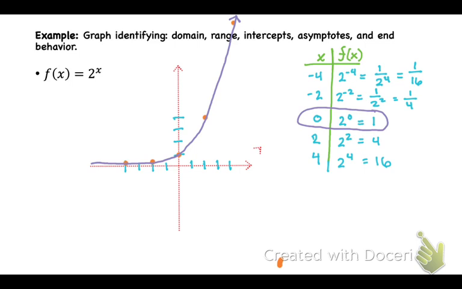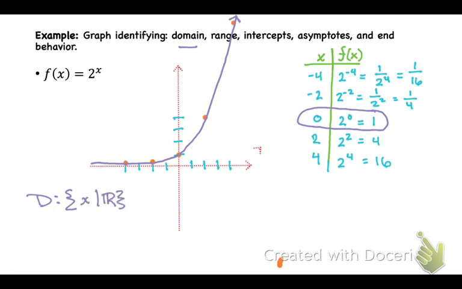So what is its domain? Domain's the x's, right? And what'd you say, Alex? All real numbers, because there's no restrictions on what I can put in there, is there?